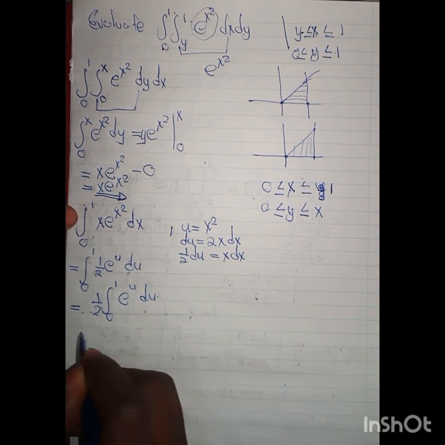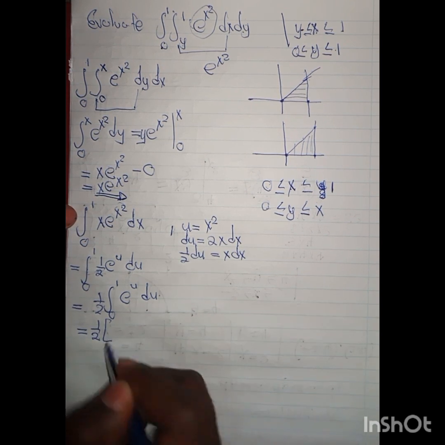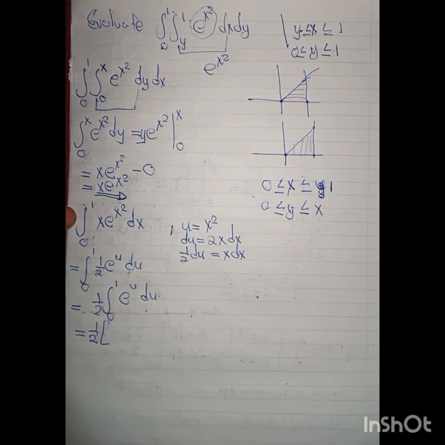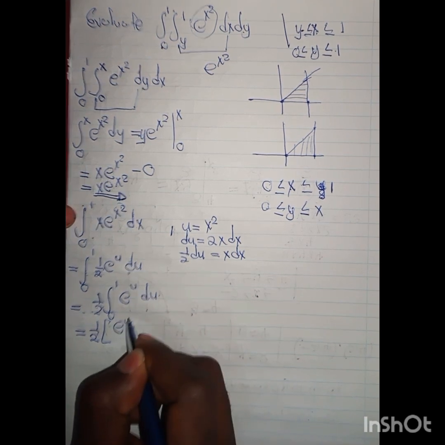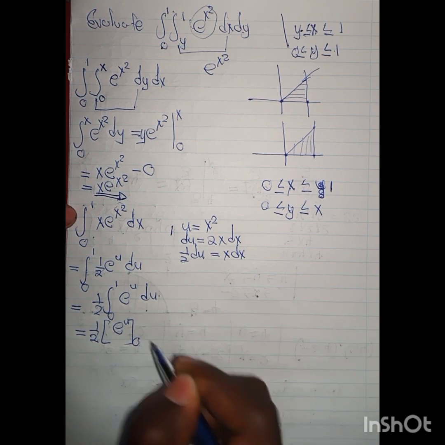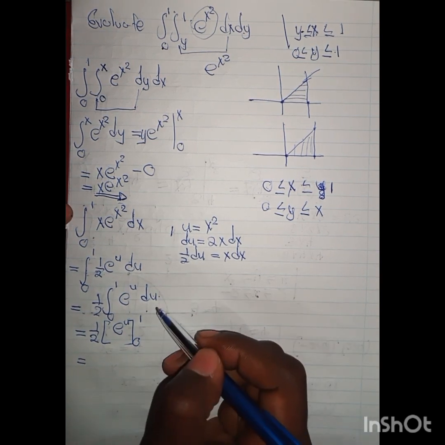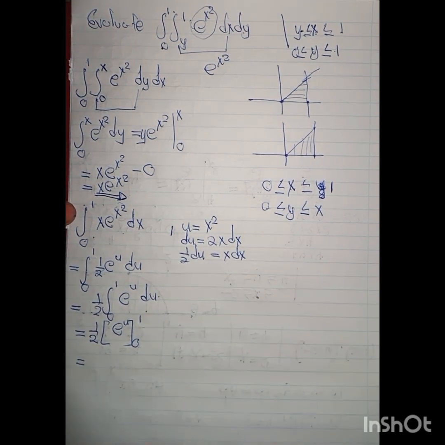So let us integrate the following problem. 1 over 2. The antiderivative of e to the u doesn't change. So it will be one half e to the u, the limits running from 0 to 1. Because we have integrated with respect to u, this time around where there's u, we have to substitute our limits.